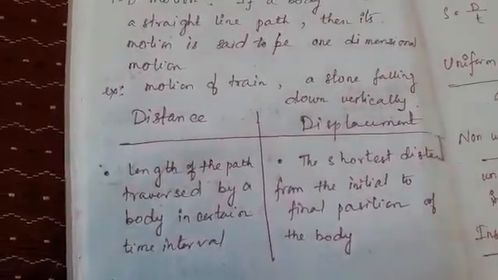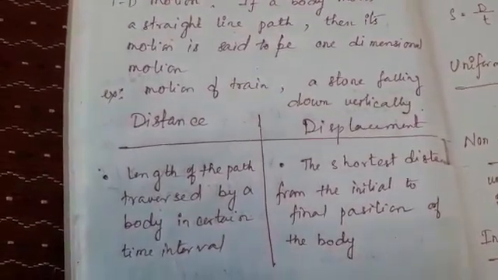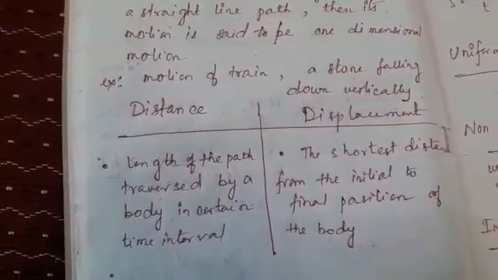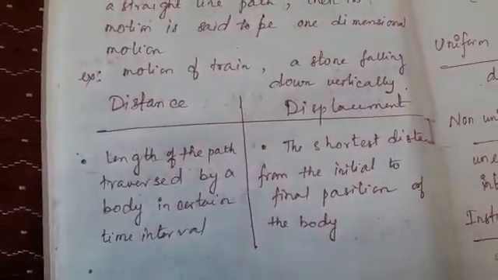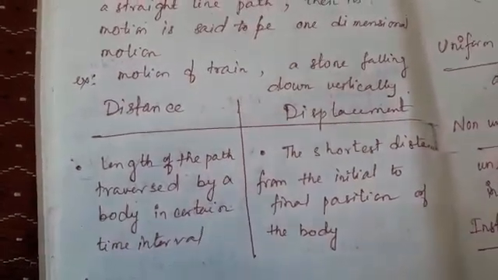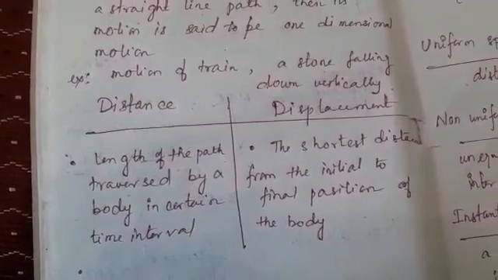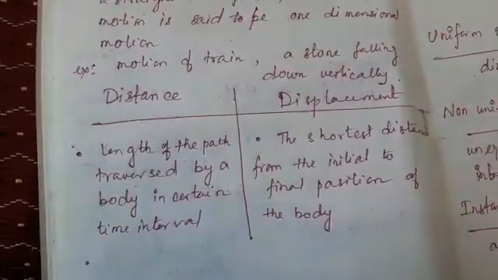But out of those 5 paths, the one which will be the shortest and will take less time, so that shortest distance from the initial position, that is your house, to final position, for example your school, that shortest distance out of the 5 routes is called displacement. I hope it's clear.